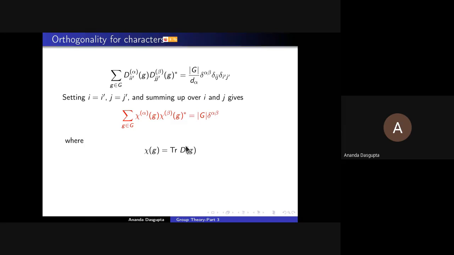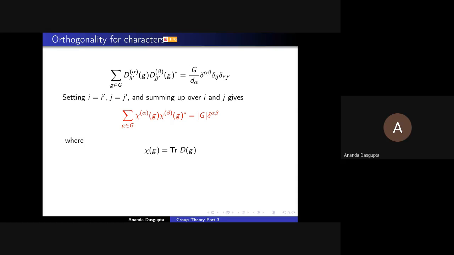We had already introduced this before, but this is the first time the character is really entering our discussion properly. The reason why we are interested in the character is primarily because of this nice result, which is called the orthogonality relation of characters.